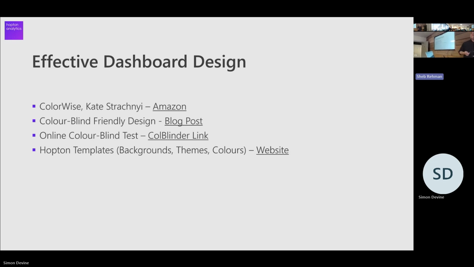There's also a colorblind test you can use: you upload an image and then you've got 10 different types of color blindness, select one and see what it looks like. And then we've got templates as well, which we can share, which are backgrounds so that things can be lined up neat, themes and colors.